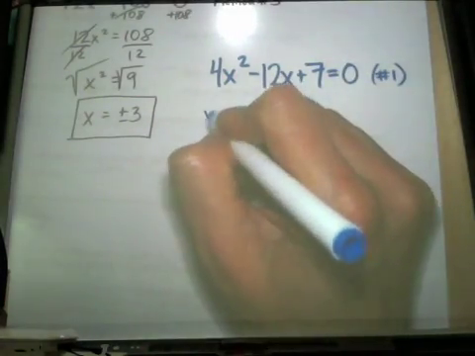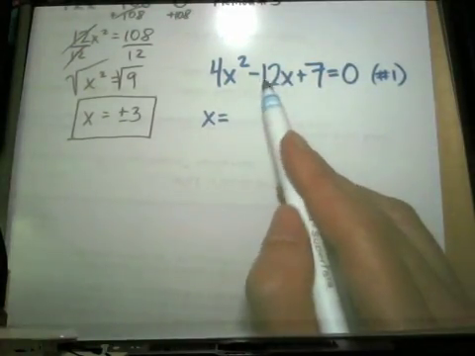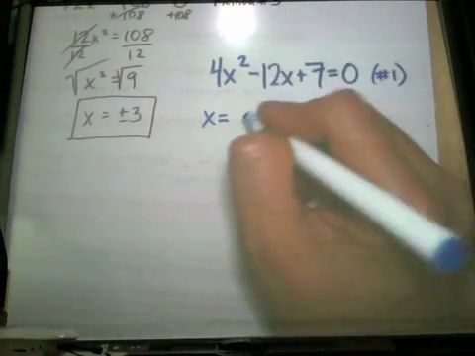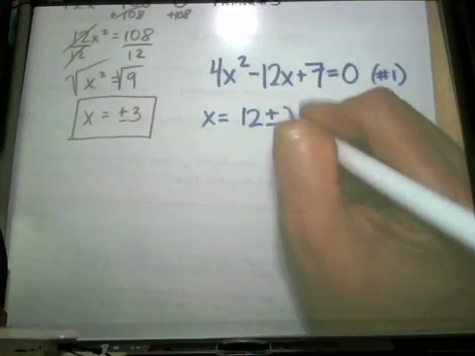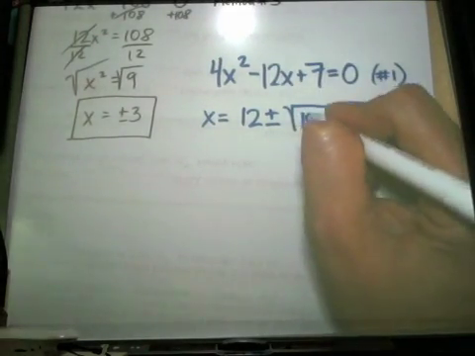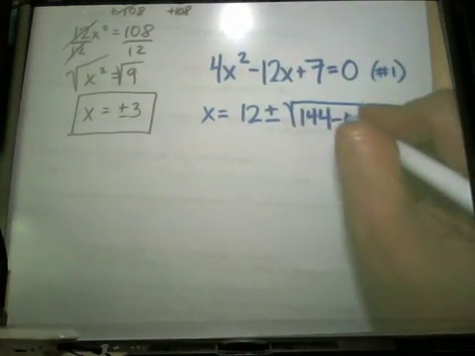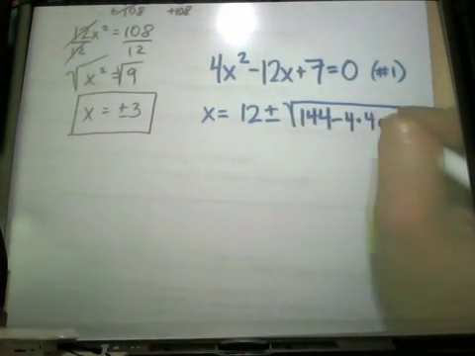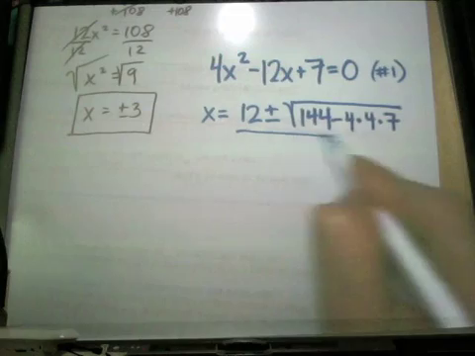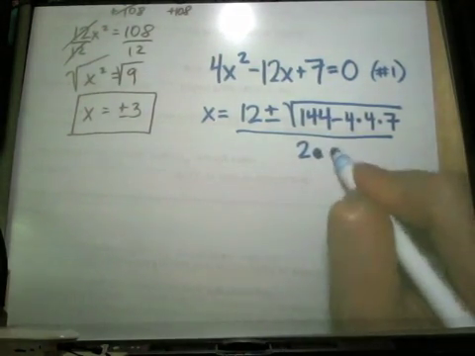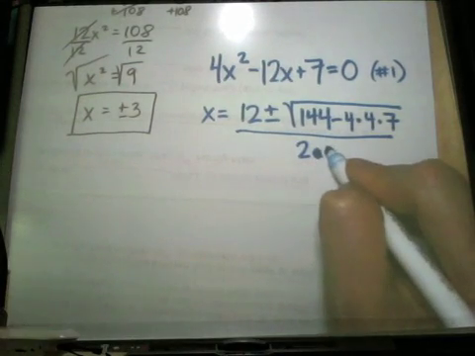So x equals negative, the opposite of negative 12, right? A negative from the formula, a negative in the b, that makes positive 12, plus or minus the square root of b squared, negative 12 times negative 12, minus 4 times a times c, all over, oops, I put 2a, let's put the number in, 2 times 4.